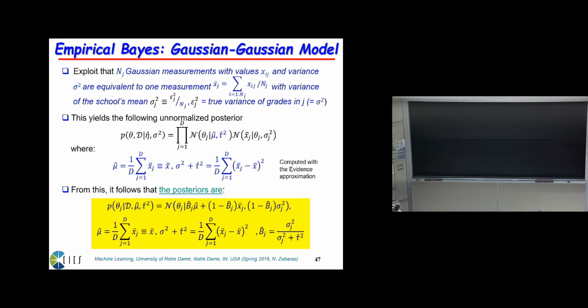If you do that, the posterior distribution is a Gaussian, and the posterior mean is an average of the pooled mean, if you like, over the grades for all the schools. And what is xj bar? The MLE estimate for school j.